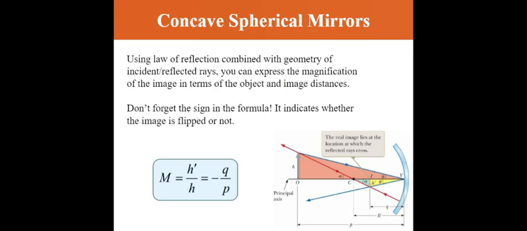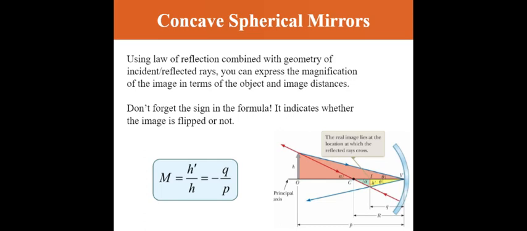So now you don't have to have an object placed on the principal axis. It can be some altitude, up or down from that axis, and wherever it is, you can figure out where the reflection is going to be formed, where the image is going to be. All it takes is to draw two rays coming from it. Again, the assumption is that they make a small angle with the central axis, so they go through the image point.